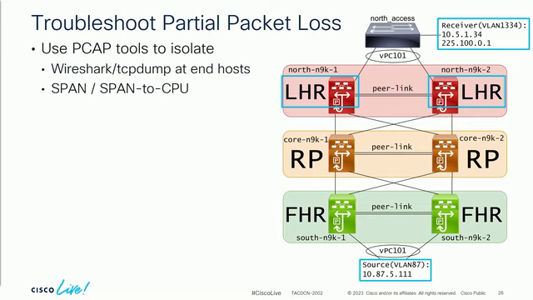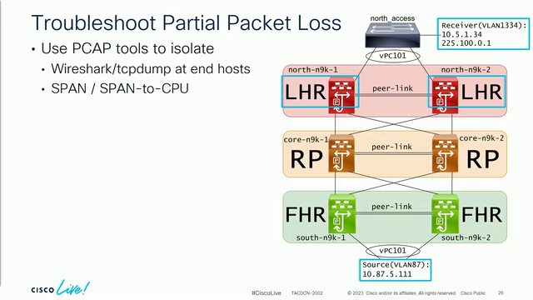Let's say, for example, 100% of the packets egress the source. We confirm that. And then we had 10% packet loss, only 90% made it to North 1 and North 2. That would suggest that there's an issue before the last hop router. Same thing, we can isolate it after the last hop router.